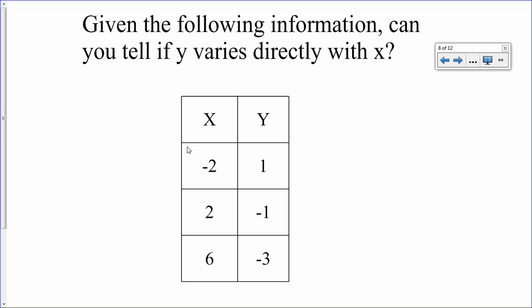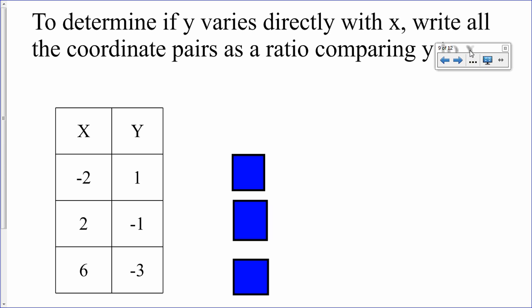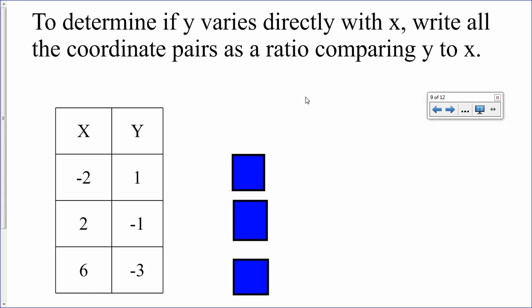Given the following information, can we tell if y varies directly with x? And here we're just given a chart. You notice the x values, the independent variables, are not consistent on this one. However, they do go up by 4 each time. To determine if y varies directly with x, write the coordinate pairs as a ratio comparing y to x.